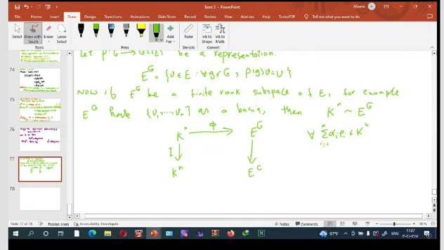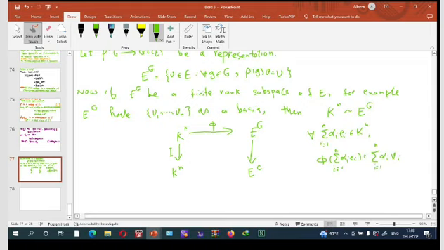Also, the basis of K^n be e1, e2 and en. Okay, so any element of K^n is a linear combination of the basis elements. For any element of K^n, we define phi of this element equal to this linear combination of elements in E^G.